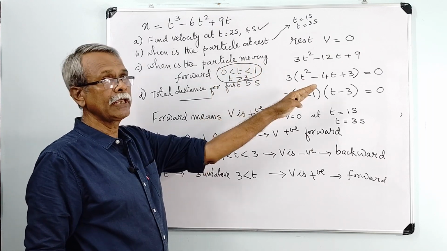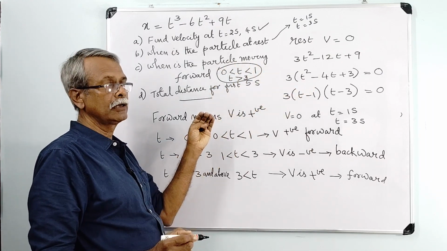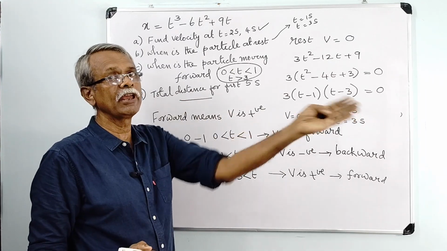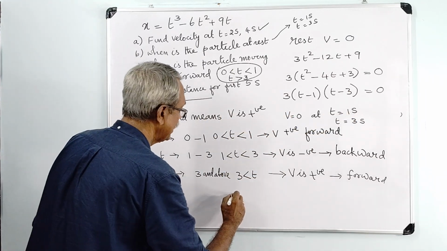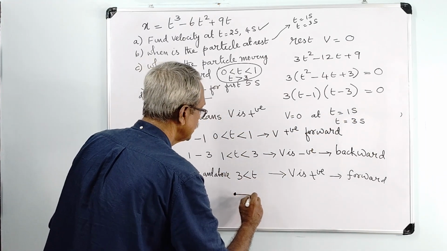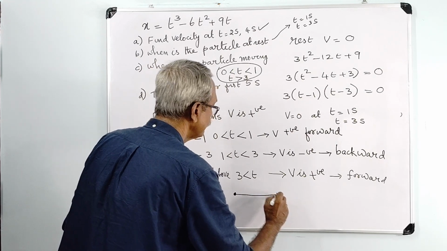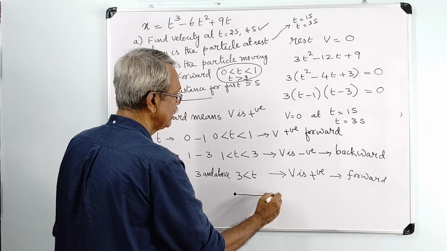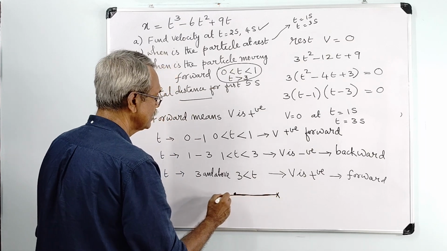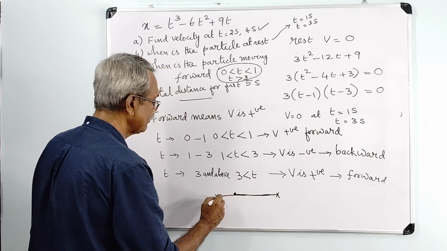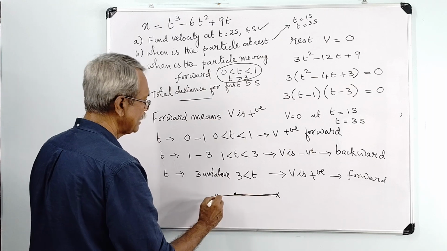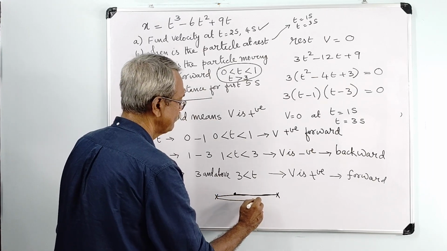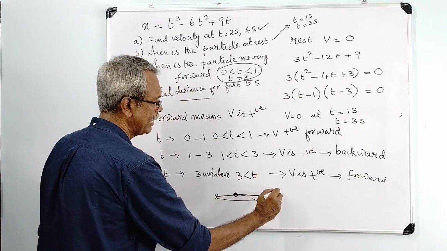From 1 to 3, it is moving in the backward direction. After 3, it is again moving in the forward direction. Therefore, the particle starts from here, reaches here, moving forward up to t = 1 second. Then it comes back, at t = 3 seconds it will reach here, and then it will move in this direction. So the particle is moving like this.